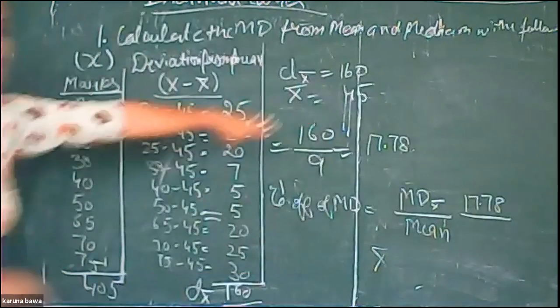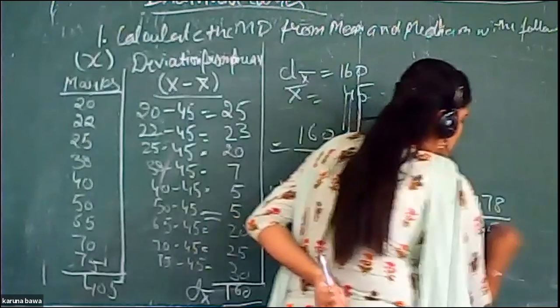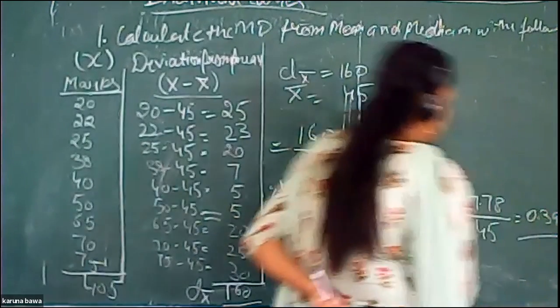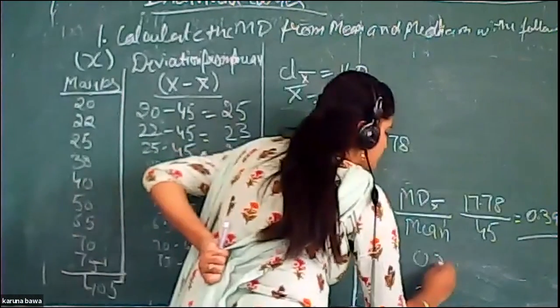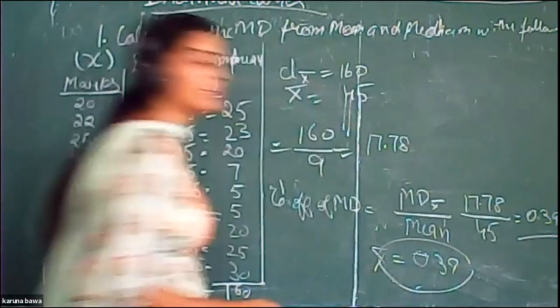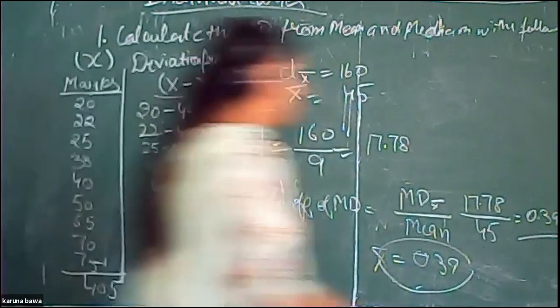Mean value is 45. The result is 0.39. This is the answer of the coefficient of mean deviation from mean.